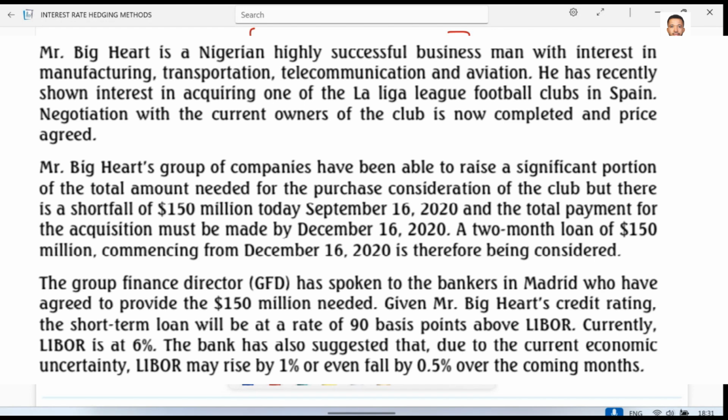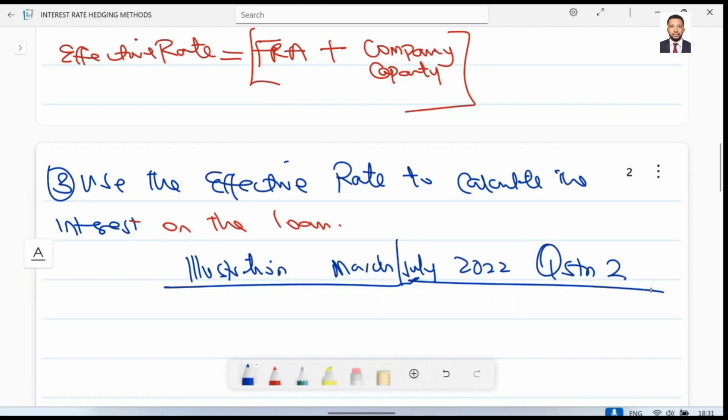A 2-month loan of 150 million commencing from December 16, 2020 is therefore being considered. What is the tenor of the loan? 2 months. Now, from this information, tell me what is the relevant FRA. If you go down after the first table, the second table, you see FRA prices.